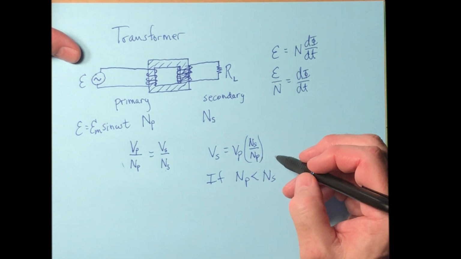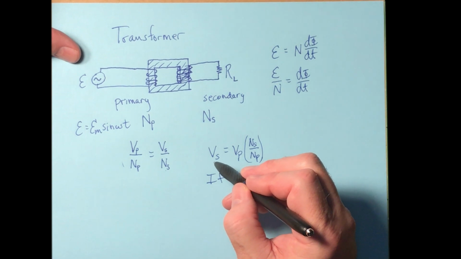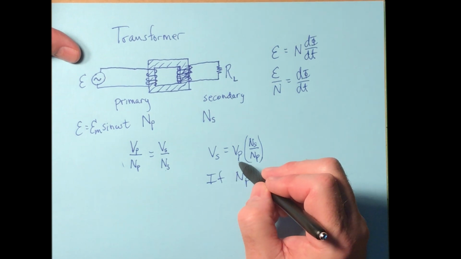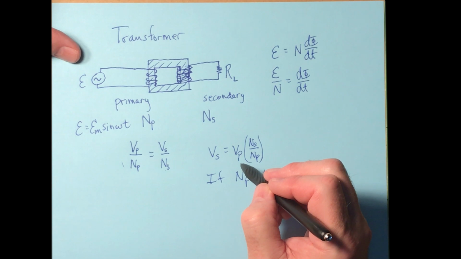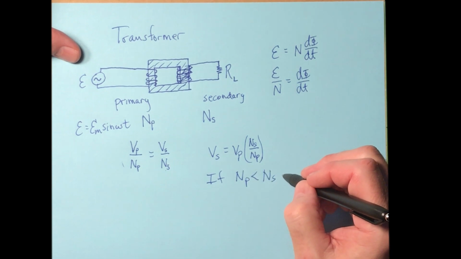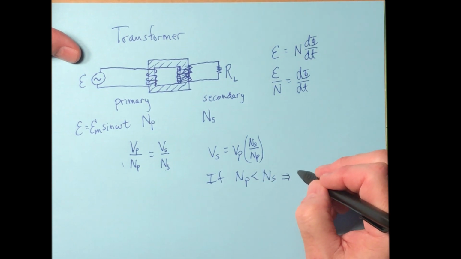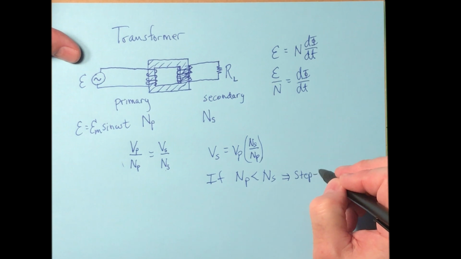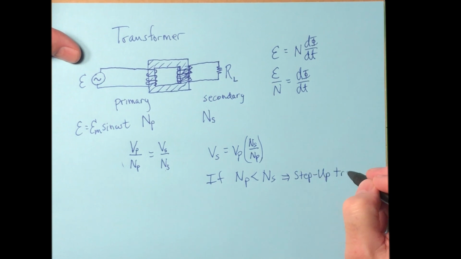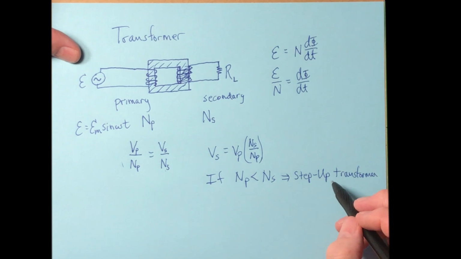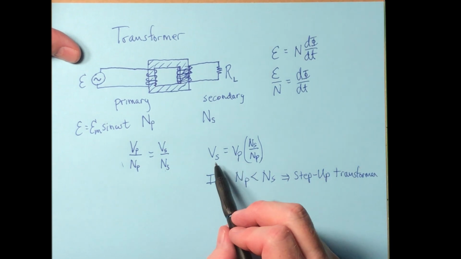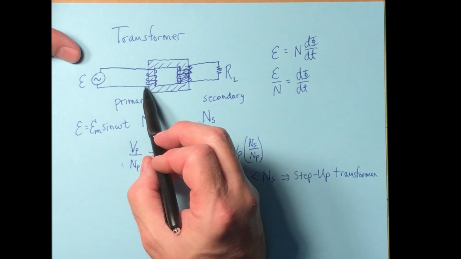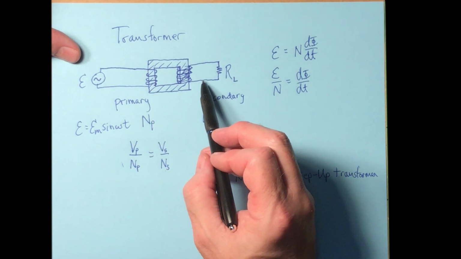So if that's the case, then the voltage on the secondary side is bigger than the voltage on the primary side. We would call this type of device a step-up transformer. Why would we call it that? Because it is stepping up the voltage. It's going from some voltage over here to a higher voltage over here.